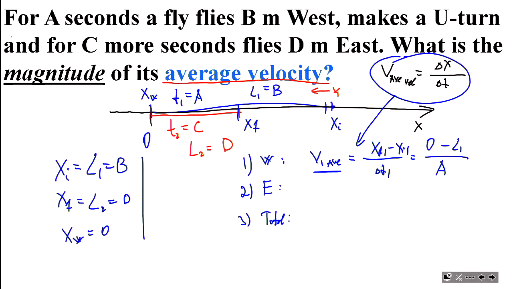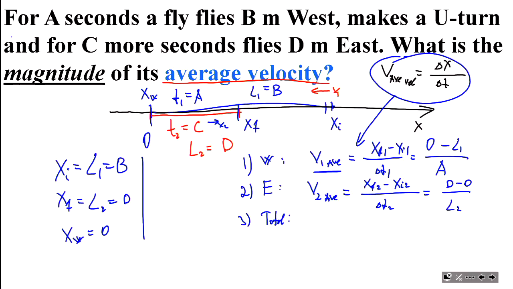It has some magnitude, maybe given, maybe we'll be looking for it, it doesn't matter. Now, for the second part of the trip, the average velocity, which should be positive because it points to the right, should be equal to final for the second part minus initial for the second part, divided by the time of the second part. In our variables, that's d minus 0 over L2.